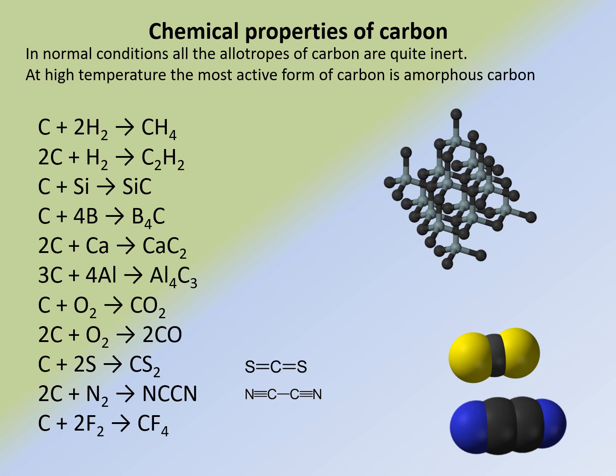Again, something like diamond, but it's not diamond. They form bonds. Carbon with calcium gives us calcium carbide, CaC2, while the formula of aluminum carbide is Al4C3. There are different types of carbides like this.